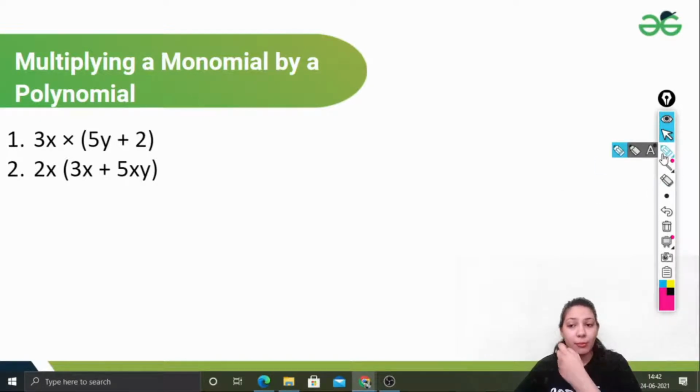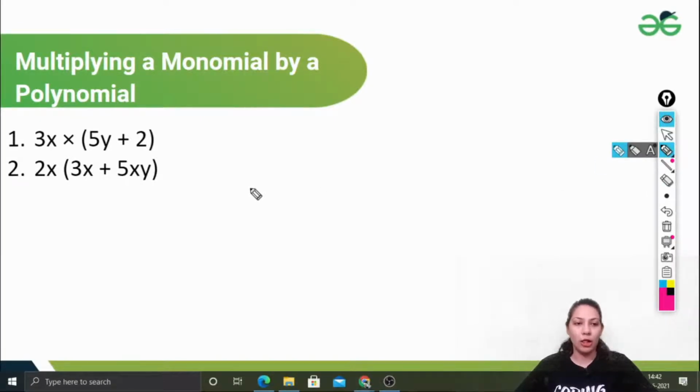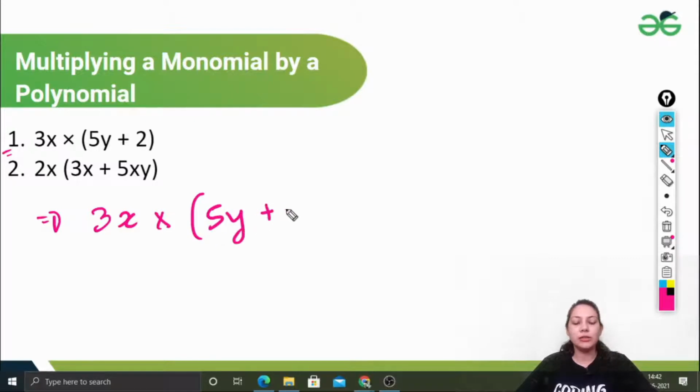Now multiplying a monomial by a polynomial. So let us just understand by solving an example. So 3x multiplied by 5y plus 2. So all of you have read about the associative property. Okay, so let's not name it, or let me explain to you if you have not read.